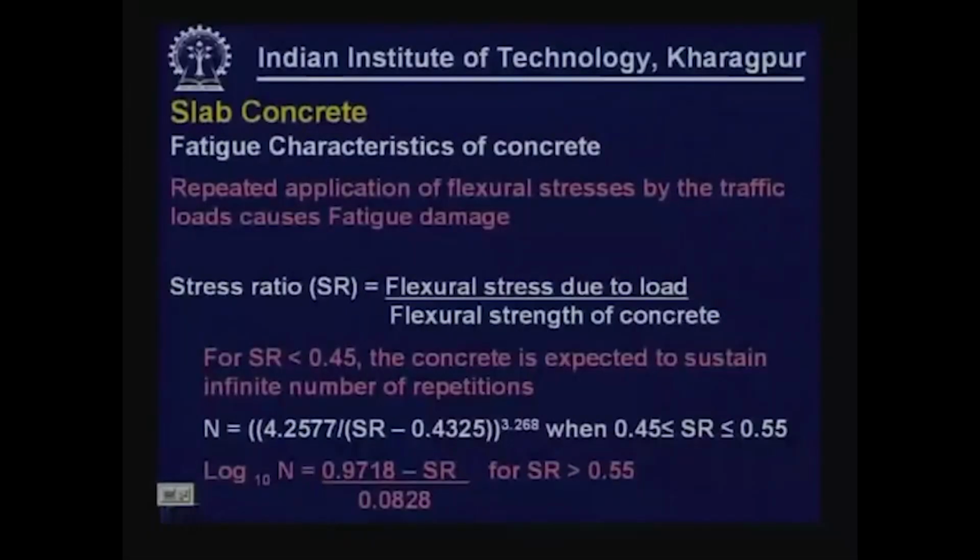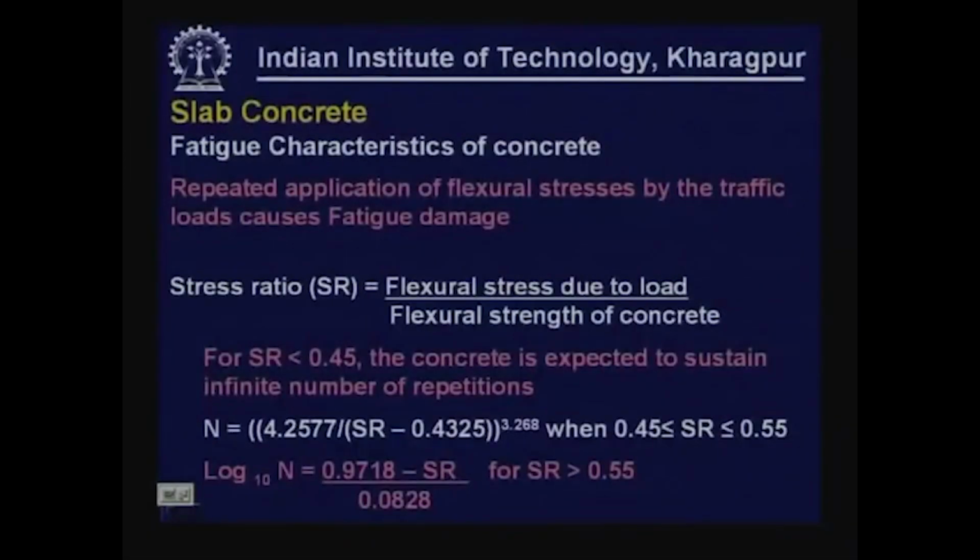That stress is divided by the flexural strength of the concrete. The same member, if you go on applying incremental load, will fail at some point of time. Using that load, if you calculate the tensile stress, that is the flexural strength of the concrete. So, applied stress divided by the flexural strength is known as stress ratio.